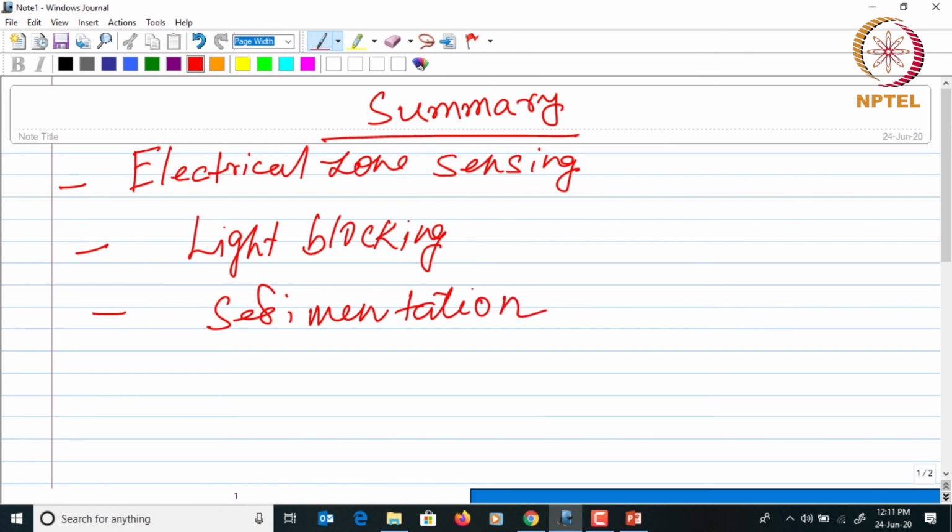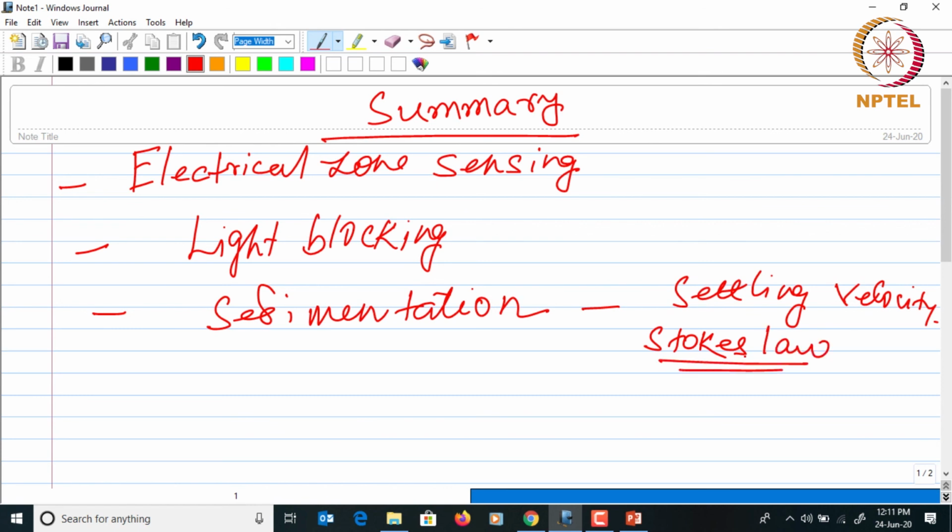Then we discussed sedimentation, which is based upon the settling velocity of particles in a fluid, and this is basically the Stokes law, which is applied here in order to get the settling velocity, and from that the particle size is obtained.